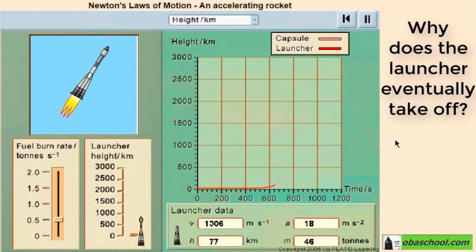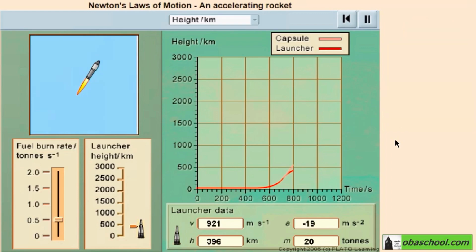Why does the launcher eventually take off? True, since the mass of the rocket decreases as fuel is being burnt. Eventually, the weight of the rocket is less than the upward force provided by the rocket, and at that point, the rocket takes off.